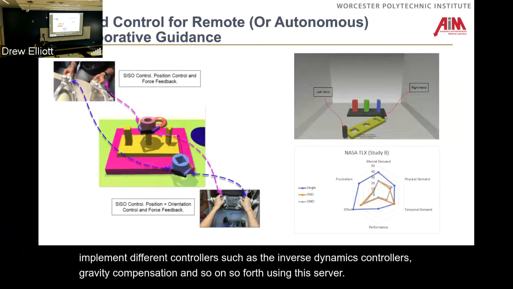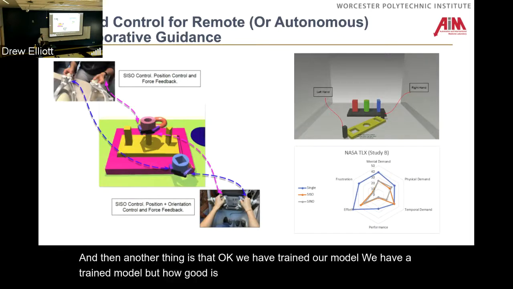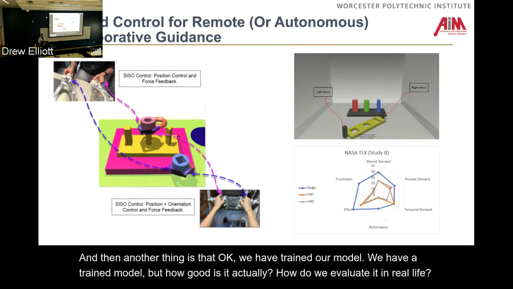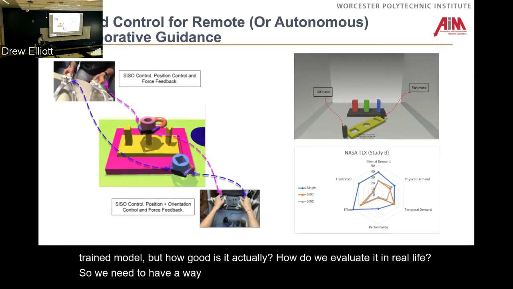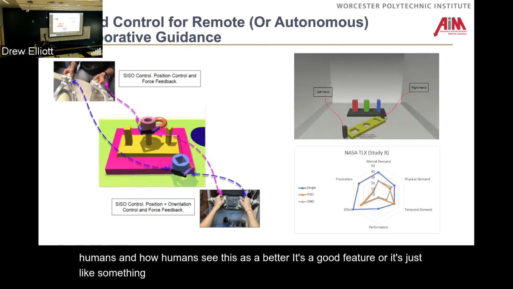And then another thing is that, okay, we have a trained model, but how good is it actually? How do we evaluate it in real life? So we need to have a way to actually see how it really interacts with humans and how humans see this, whether it's a good feature or it's just a training for the sake of research.